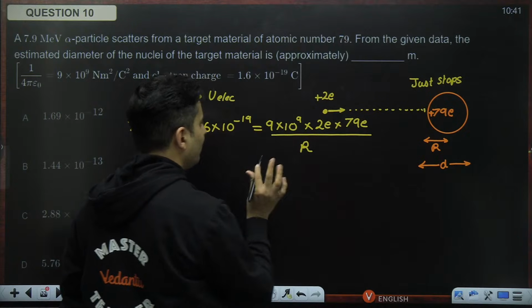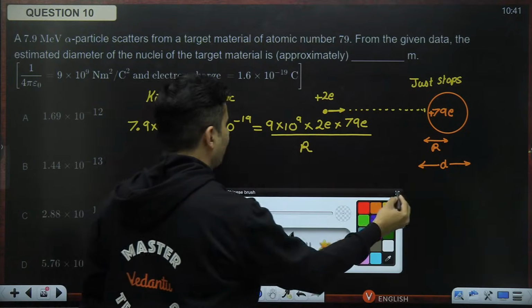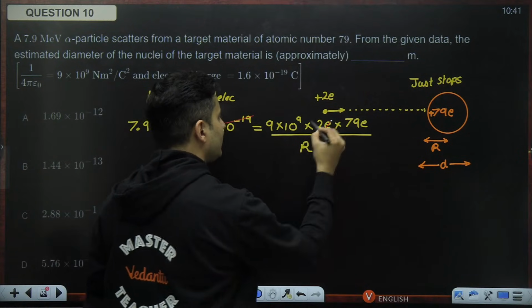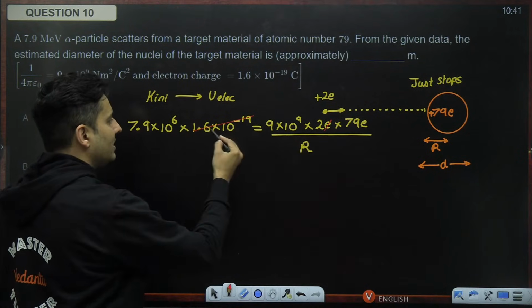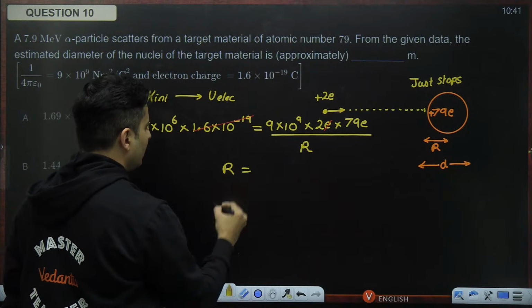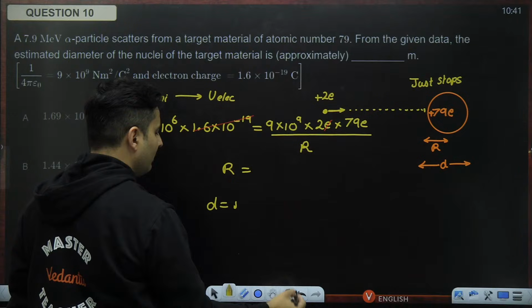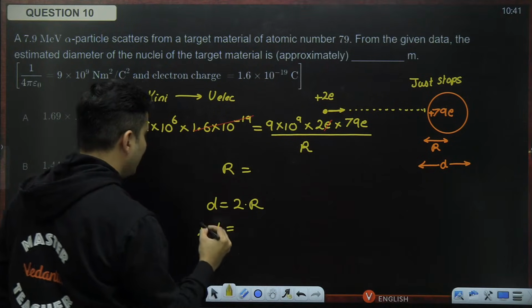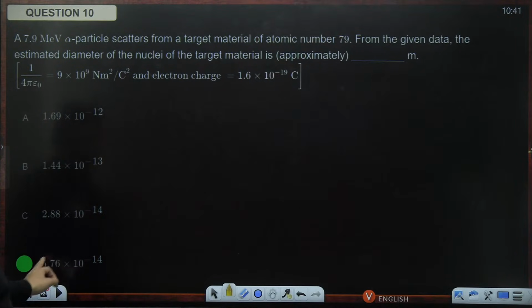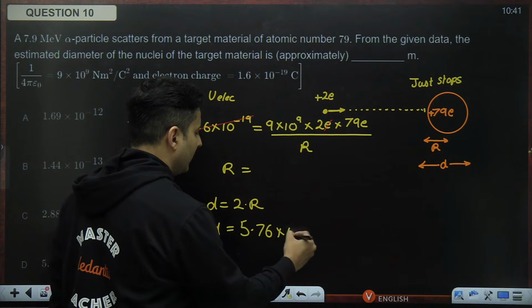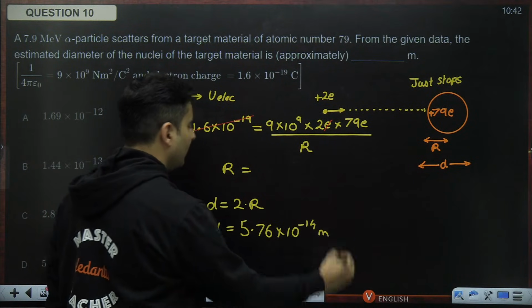Sorry, just r, my bad. You will also see that this 1.6 10 to the power minus 19 will cancel with this, because that is also the same value. Solving it, you will get the value of r, but you have been asked d, so d will be nothing but 2 times r. Solving that, you get the answer as 5.76 10 to the power minus 14 meter.